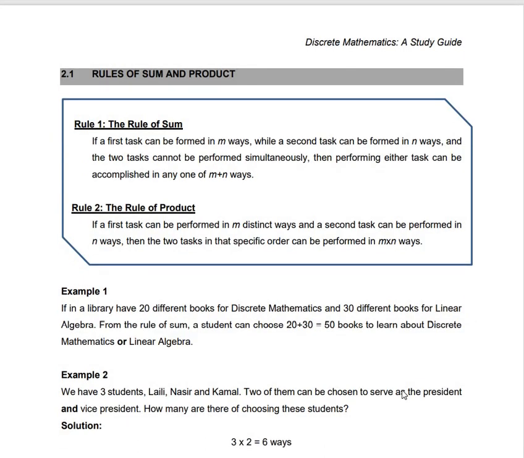Why, before learning permutation and combination, do we have to learn the rules of sum and products? Because the rules of sum and products are the very fundamental rules we use for counting. Combination and permutation come out from these two rules.